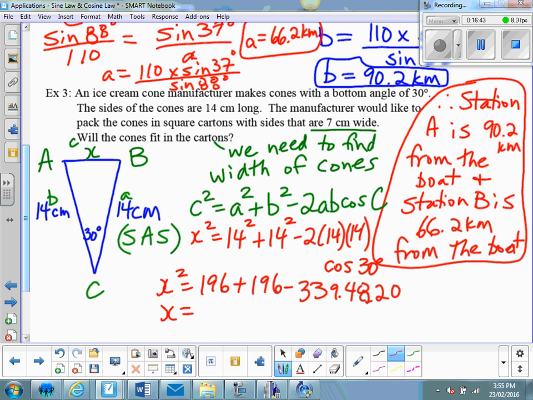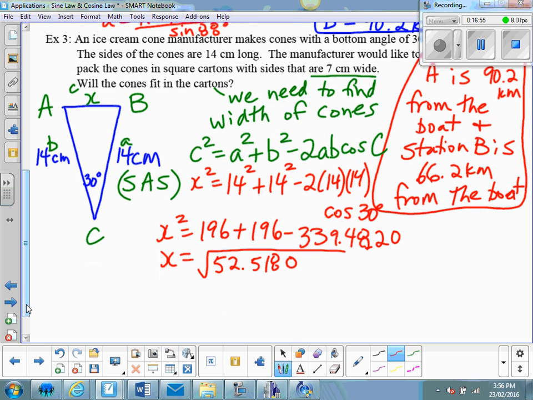So in the end, I'm going to take the square root of 52.5180. And when I do that square root, I get 7.25 centimeters. So the cone is 7.25 centimeters wide.